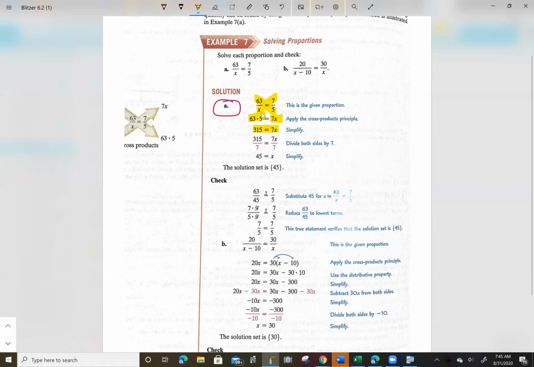After simplification, to isolate the variable, because remember, every time we're trying to solve, you are trying to isolate that variable that hasn't changed no matter how much work we're doing. We need to get x by itself, so we need to divide both sides by 7. And after simplification, we get x is equal to 45. And then it checks its work. We're going to skip that for now.